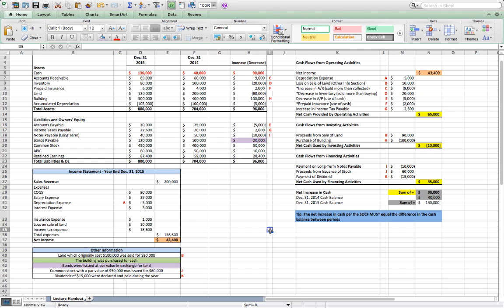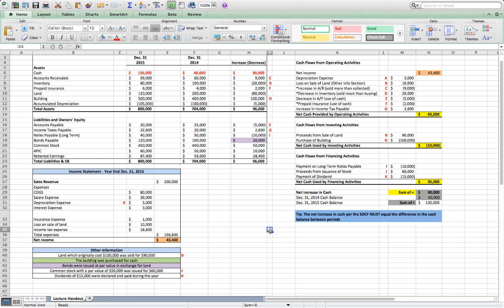If you remember back to illustration number 1 in the note handout packet, dividends received from others is an operating activity, whereas dividends paid on your own company's stock to the owners of that stock is a financing activity. So that is something very important to remember.